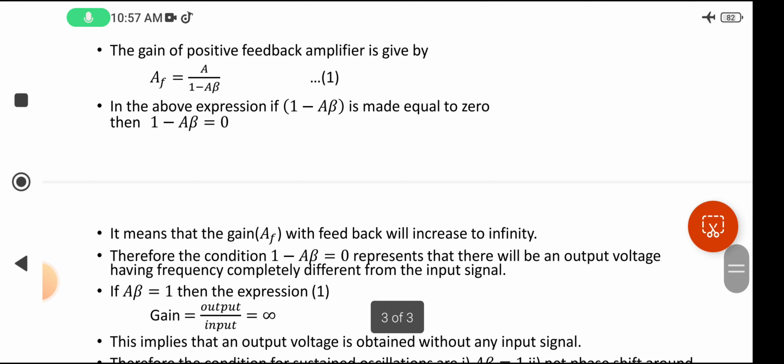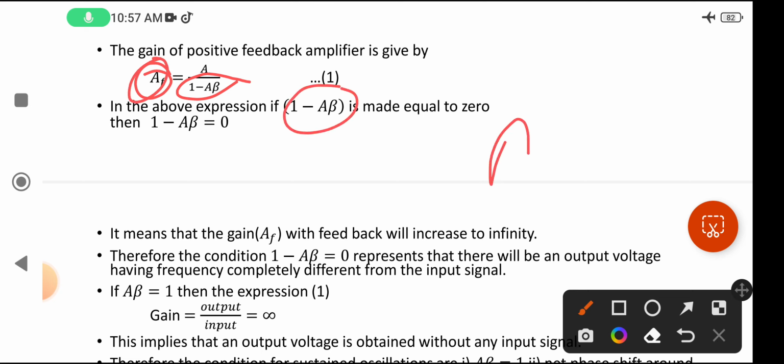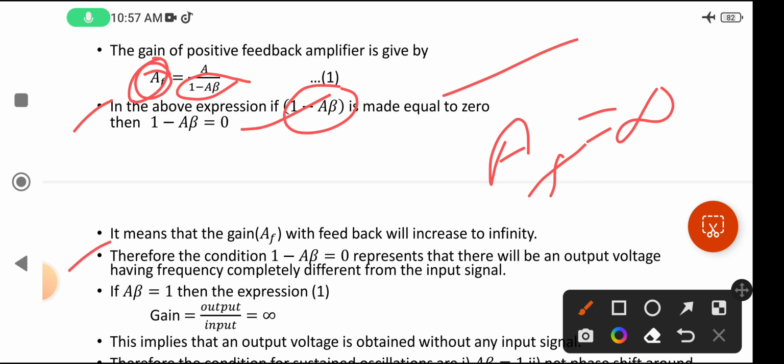Just now I told you, if this gain is to be very high, then the denominator must be 0. When the denominator is 0, Af is infinity. So in the above expression, if 1 - Aβ is made equal to 0, the gain Af with feedback will increase to infinity.